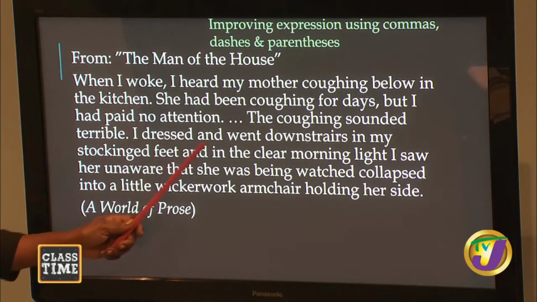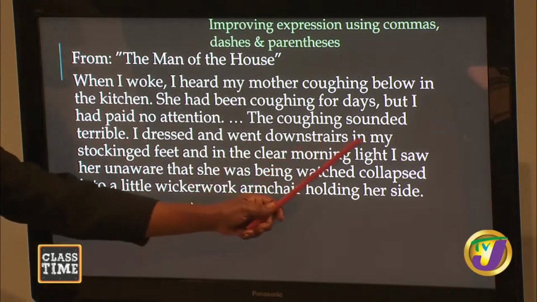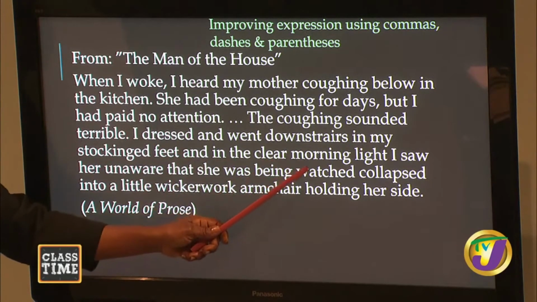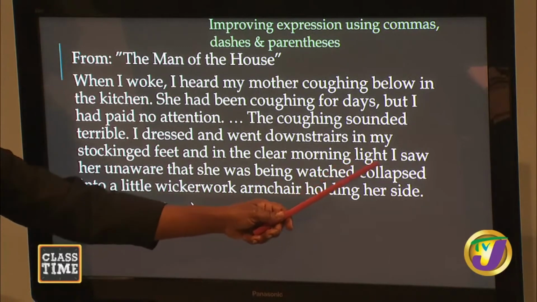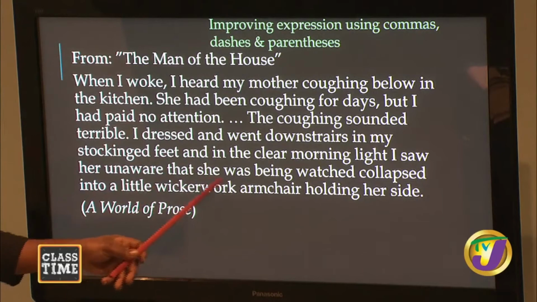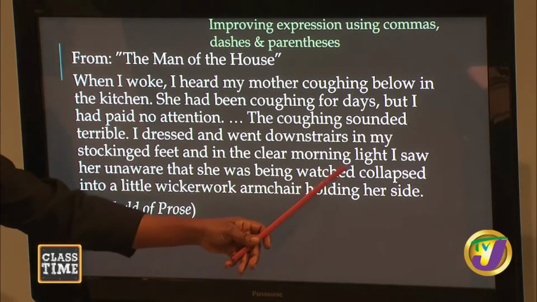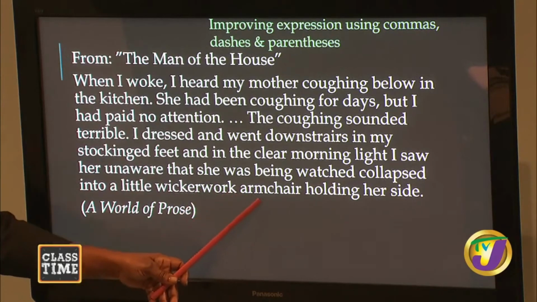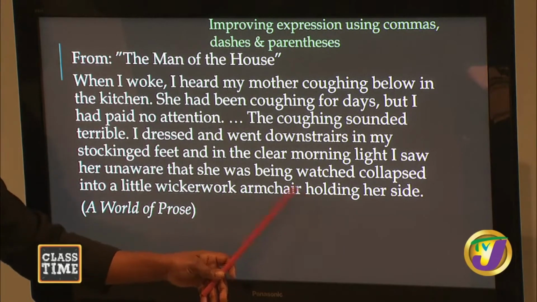I dressed and went downstairs in my stockinged feet, and in the clear morning light, I saw her, unaware that she was being watched, collapsed into a little wickerwork armchair holding her side.